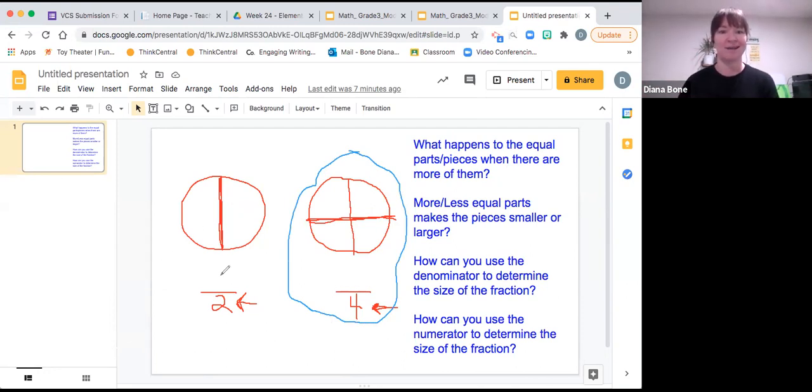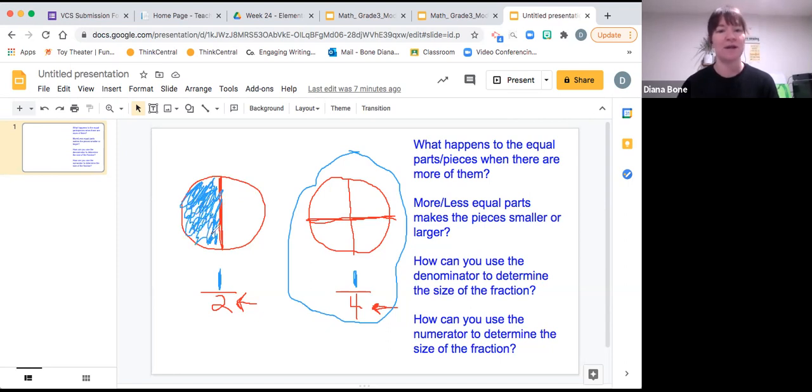Let's do some shading. I'm going to shade in 1/2 of this pizza, and then I'm going to shade in 1/4 of this pizza. Try to notice if you can tell which piece of pizza is bigger, right?